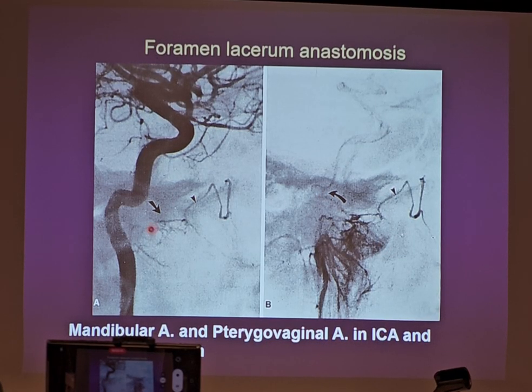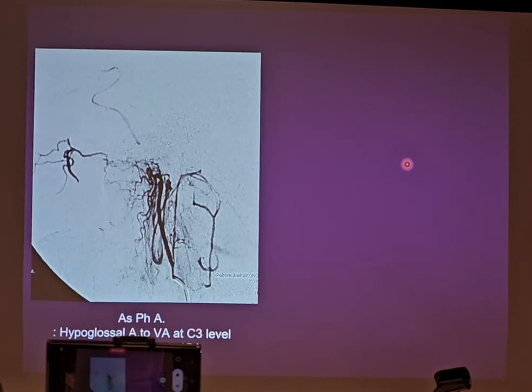And it's the same artery that you can see here. Mostly this is the mandibular artery connection to the internal carotid artery. In superselective injection, again, not only the filling down at the C3 level for the vertebral artery, you see also the superior pharyngeal branch going back through the mandibular, filling up all this internal carotid artery.